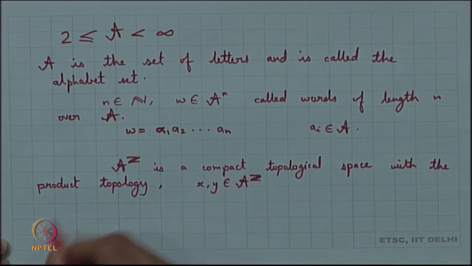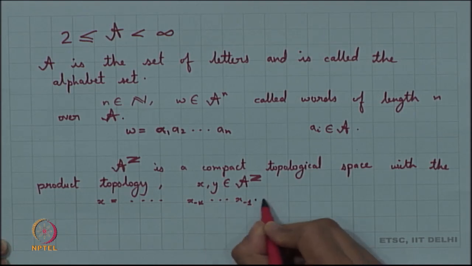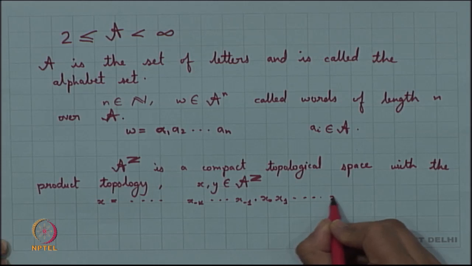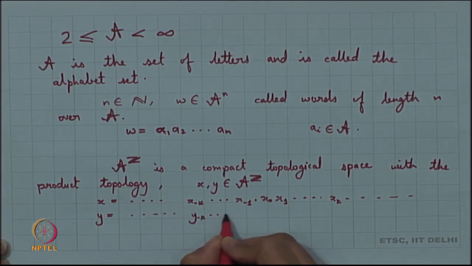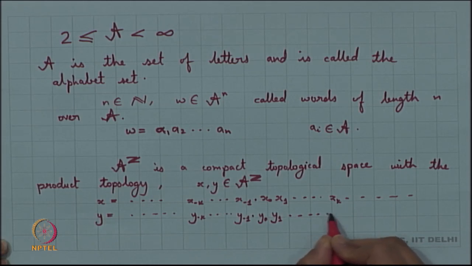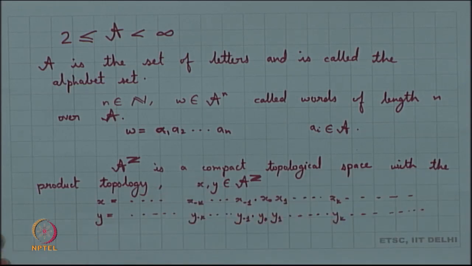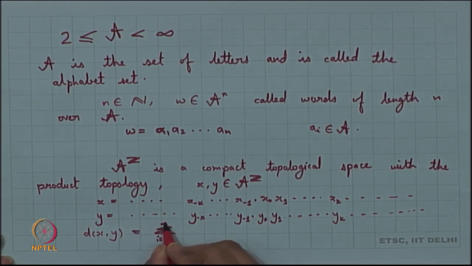So, we have a compact topological space with the product topology, and if I look into any arbitrary x, y in A to the power Z, we can write x as ... x_{-k}, ..., x_{-1}, ... We have already seen this earlier, and y can be written as ... y_{-k}, ... So, these are typical elements of A to the power Z, and think of this function on A to the power Z cross A to the power Z, defined as the summation, i going from 1 to infinity, of delta(x_i, y_i) upon 2 to the power |i|.